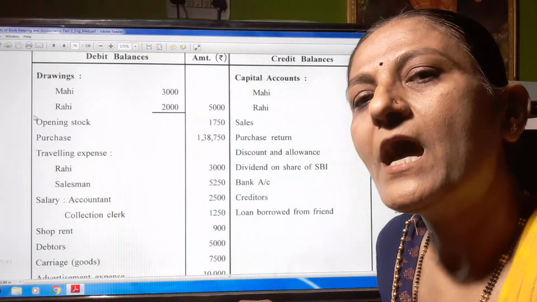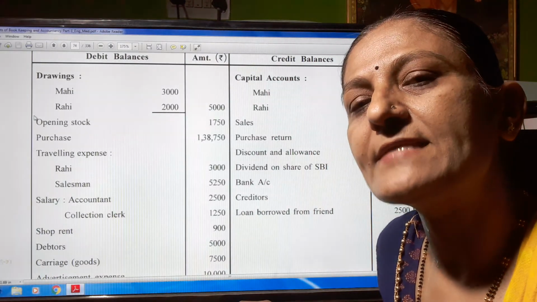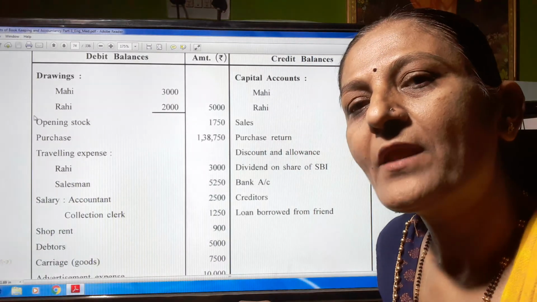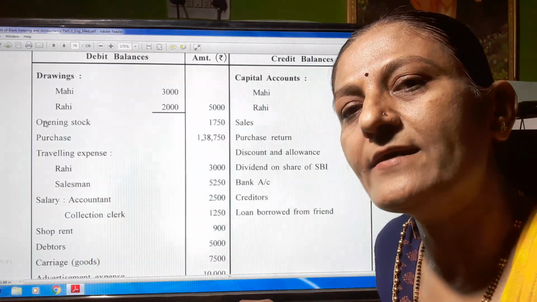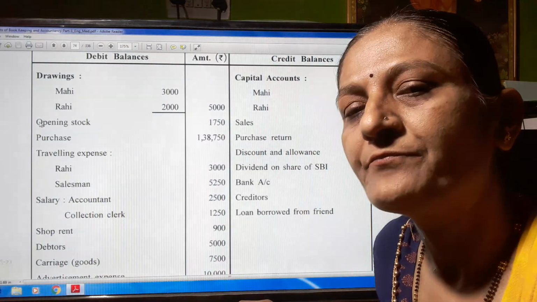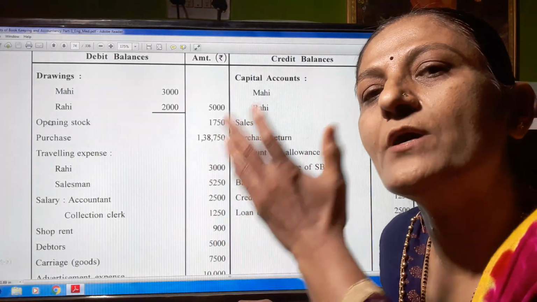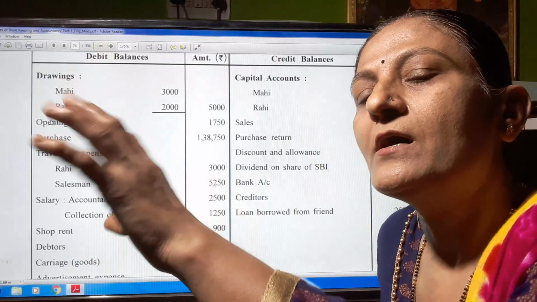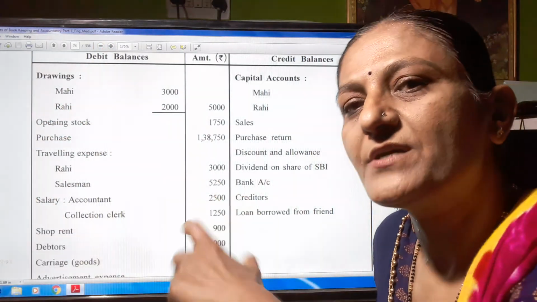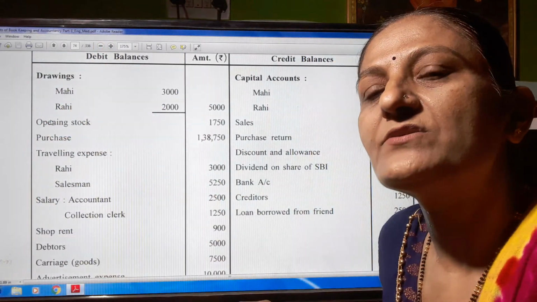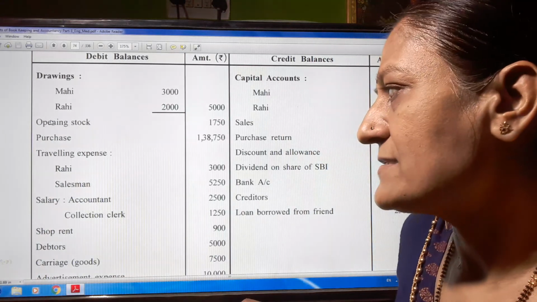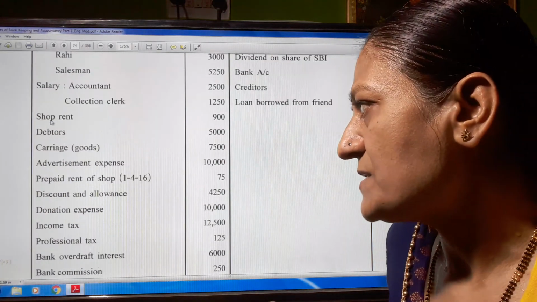Afterward on the credit side there are sales, minus sales return, and another thing is closing stock. This way we complete our trading account. So first we have to find out which information is connected with the trading account, which with the profit and loss account, and which with the balance sheet. This way we specify this.